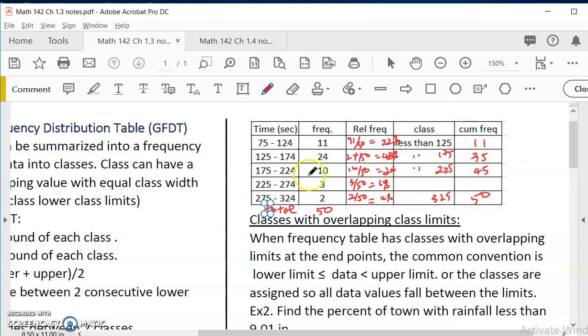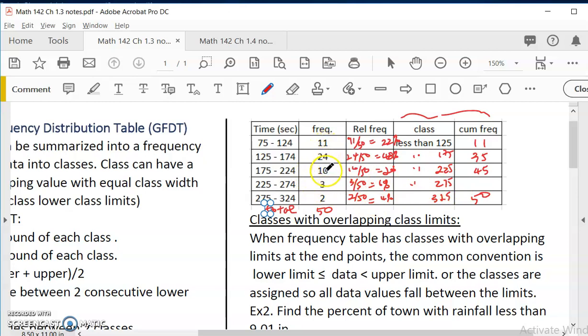And then what is the next one? The next one would be all of them less than 275. It's still less than. So these are called cumulative frequency. The classes are not summed one to the other, from a lower to the upper, but always less than a number. Less than 275 would be the first four.